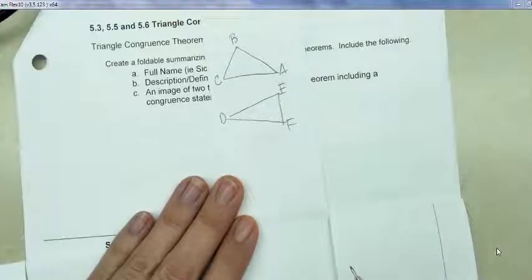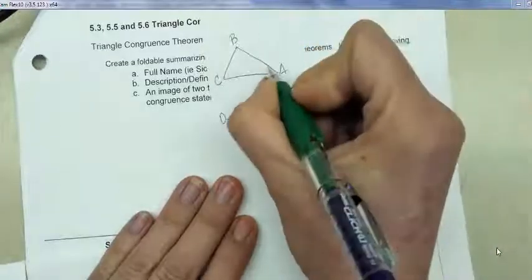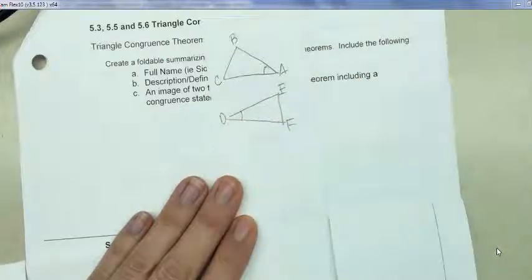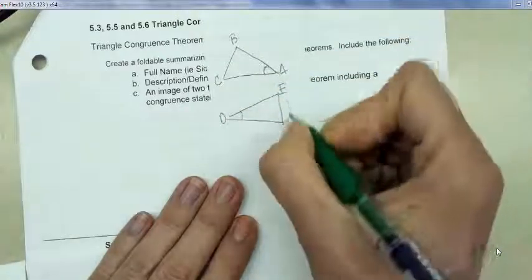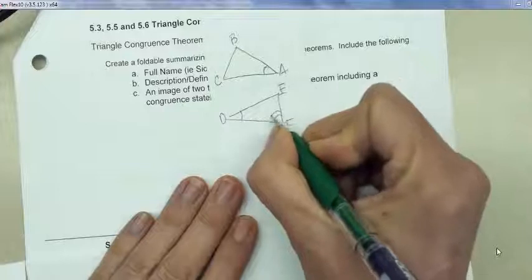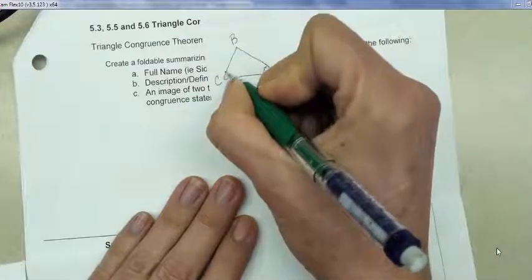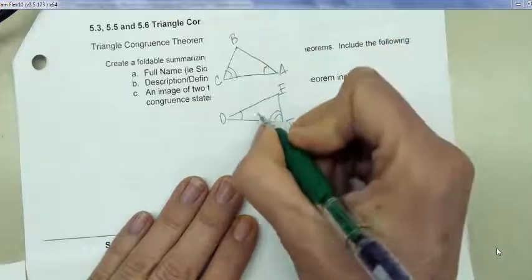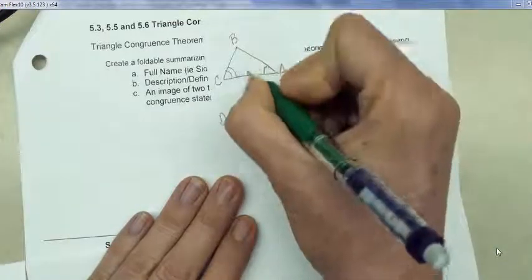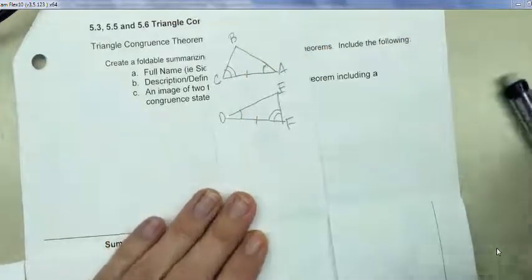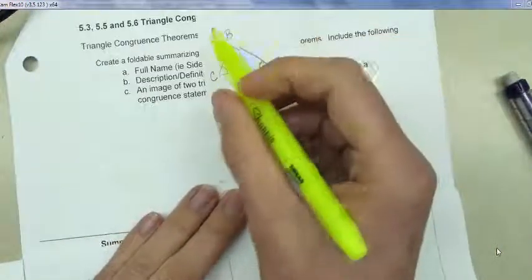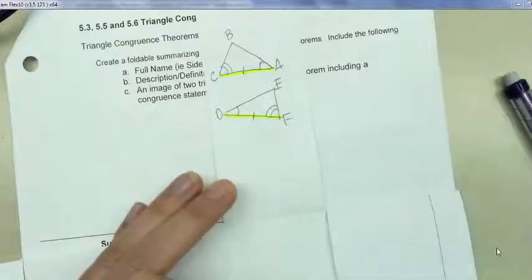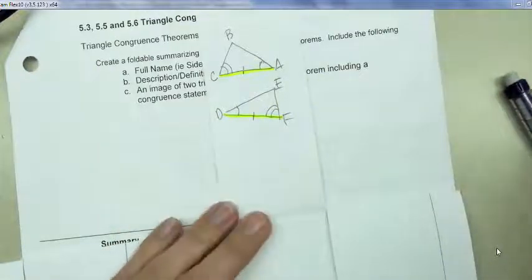Okay, so this time you're given an angle that's congruent to a corresponding angle in the other triangle. You've got another angle. How about angle F congruent to angle C? So those two are corresponding. And then you've got the side in between them, like an included side. It's touching both of the congruent angles.